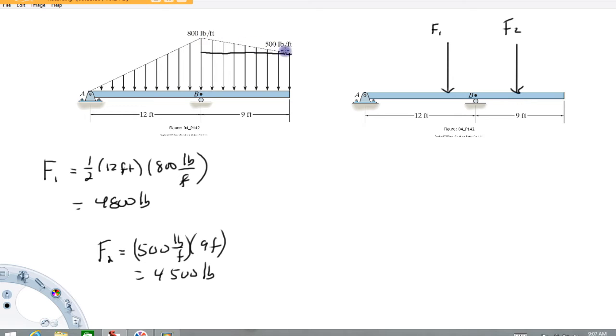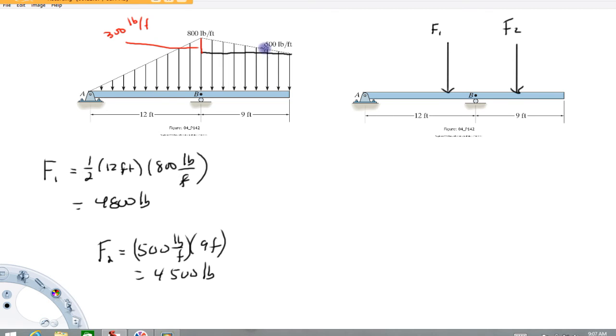All right, now let's talk about the triangular load. I'm going to put this in red. This height right here in this triangle is the difference between 800 and 500. So that's 300 pounds per foot.